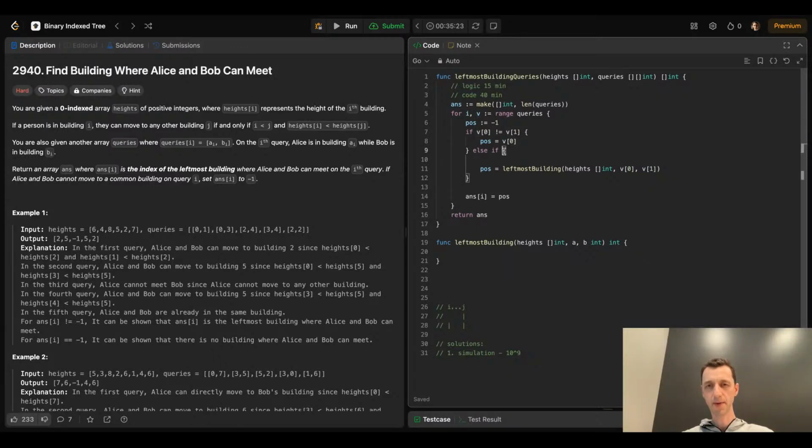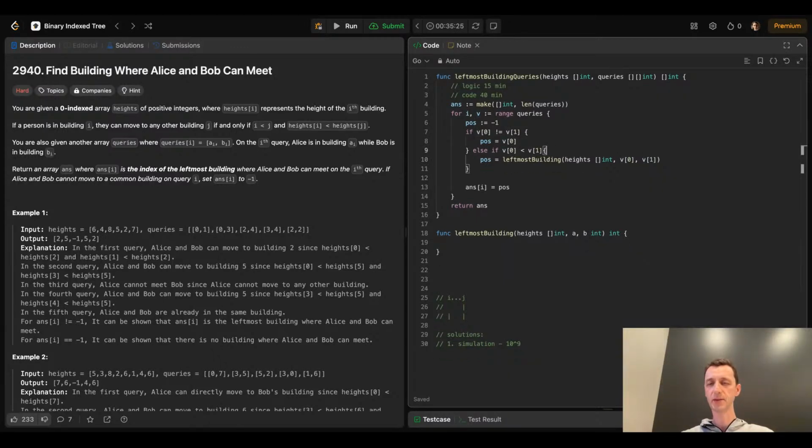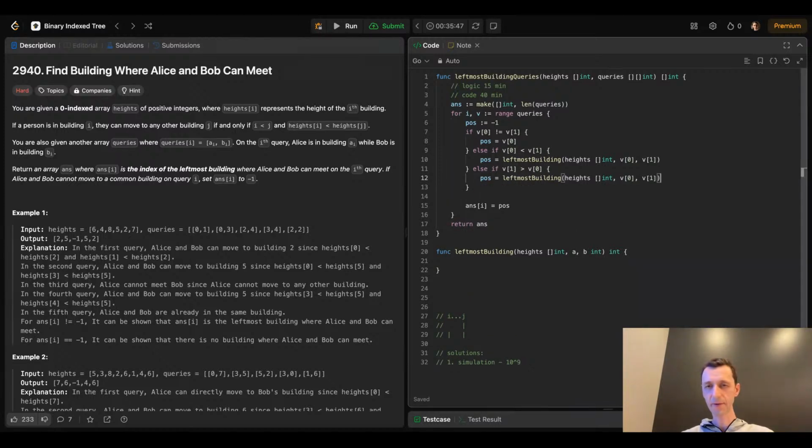Yeah, but what I meant was, else if V1, I'll just articulate it here, if it's the other, it's obviously the only option left. Yeah, then we'll have it the other way. So this second value is bigger.